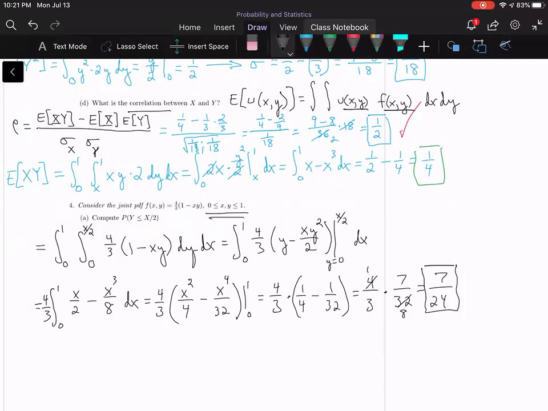So how do you know that Y is between 0 and X divided by 2? So I know that it's greater than 0 because of the support. I know that it's less than X over 2 because of the probability we want to find. Oh. Okay.